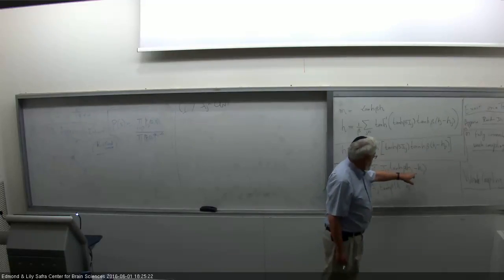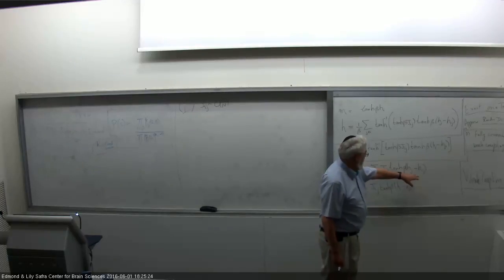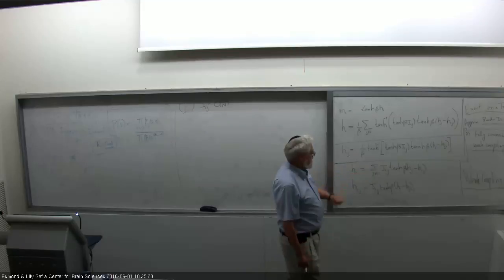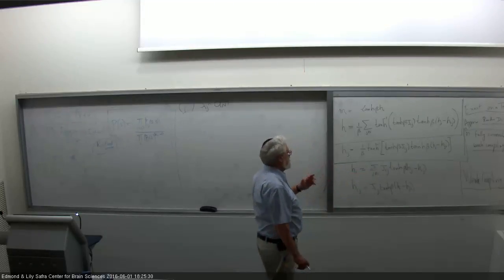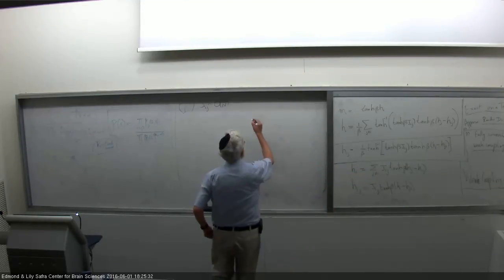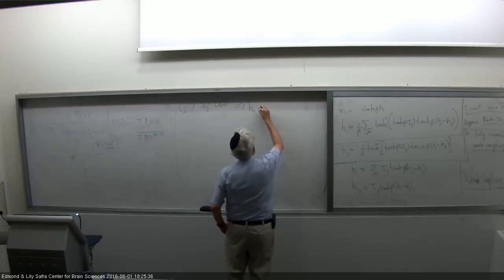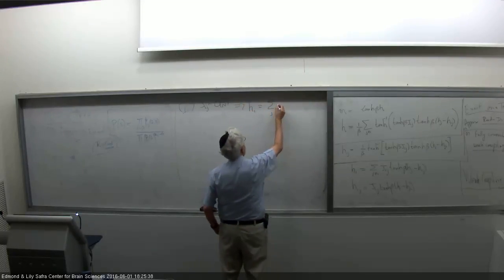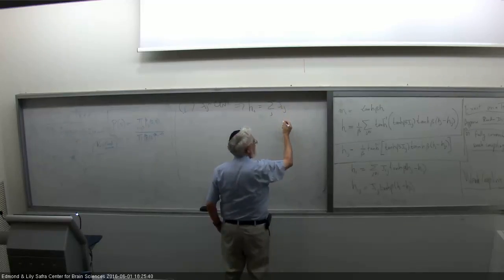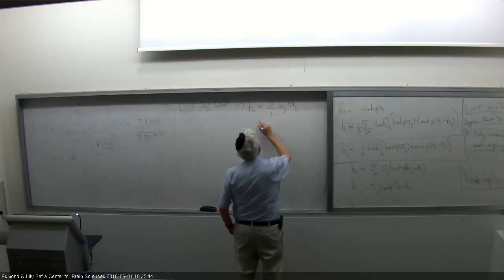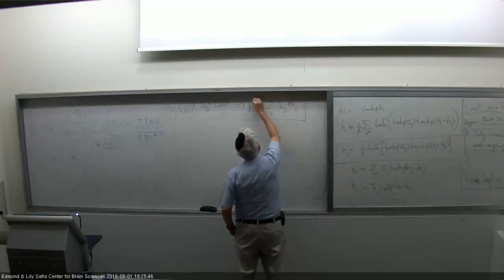So there will be a 1 over n coefficient to h, and this is not going to do anything to the field. So this will be just the naive mean field. And in this case, we just get that h_i is simply sum over j of J_ij hyperbolic tangent of beta h_j, which is just m_j. That's the naive mean field.